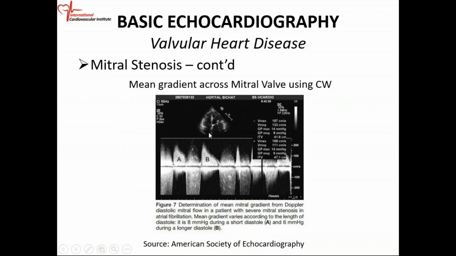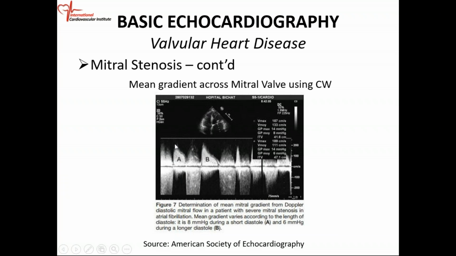So if you were assessing someone with mitral stenosis, then your apical four-chamber view is on top. Your cursor is across the mitral valve. The sample volume is at the mitral valve, and you just press CW Doppler. So this patient has atrial fibrillation, so you can see the envelopes are going to look different.